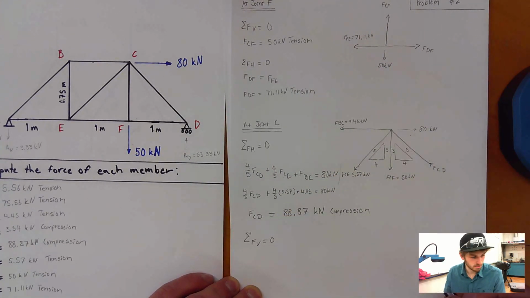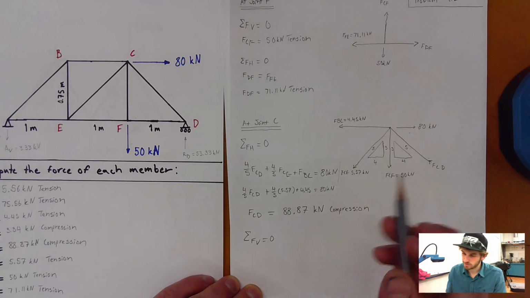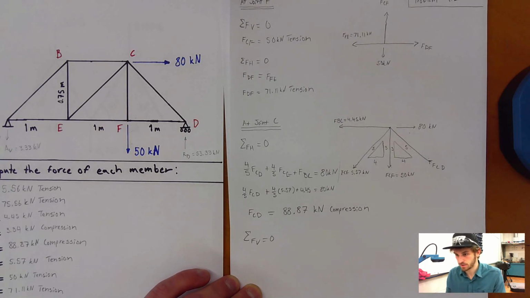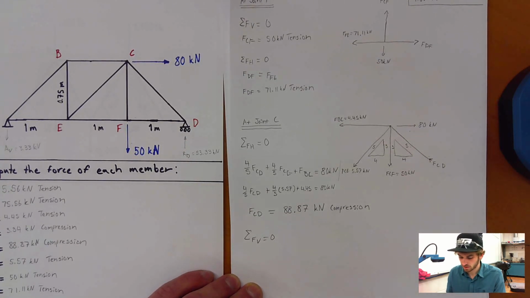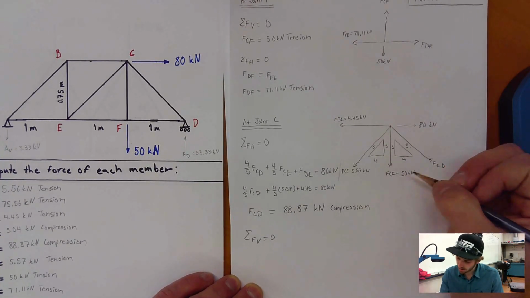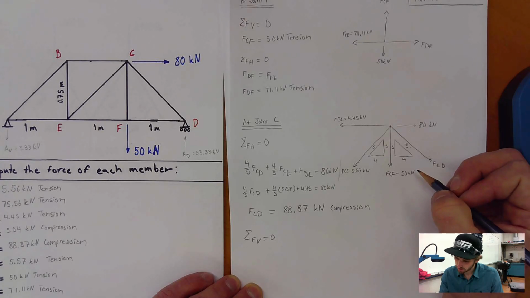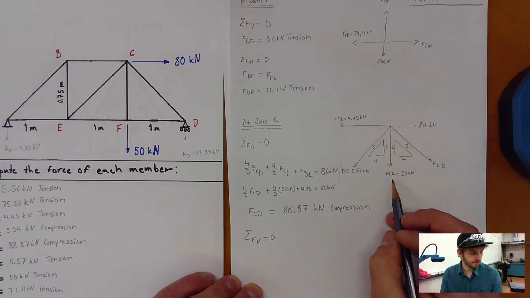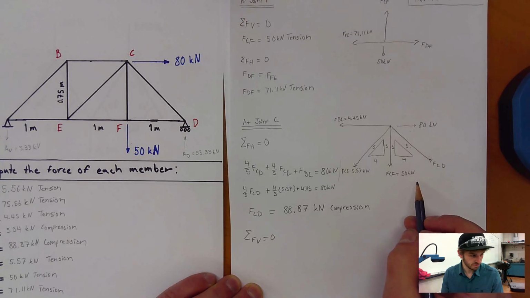So if we look at the sum of the forces acting vertically, these should all add up to be the same, right? Totally. So we know we have the forces acting on CF are equal to 50.